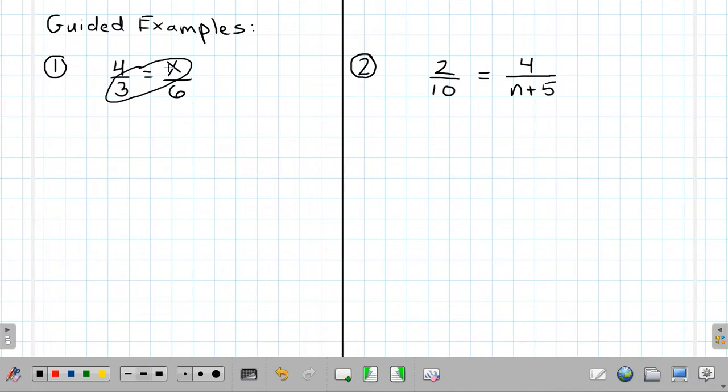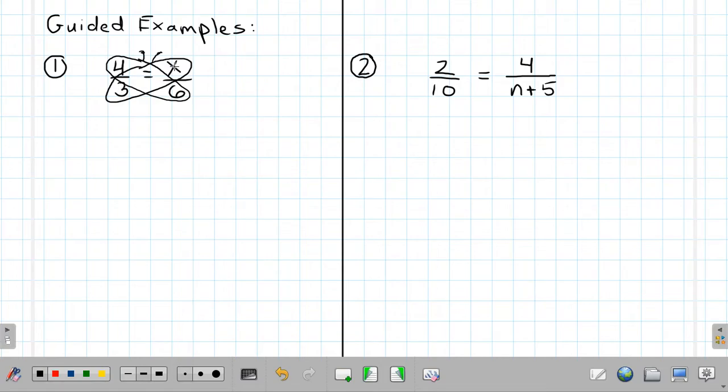We're going to multiply the 3 times the x, and then we're also going to multiply the 4 times the 6. You can kind of see why they call it the butterfly method, because it looks like butterfly wings, and you can draw a little antenna on there. But let's not let that distract you from what we're doing. The whole point of drawing this is that we multiply these two things in this oval, and we multiply these two things in this other oval.